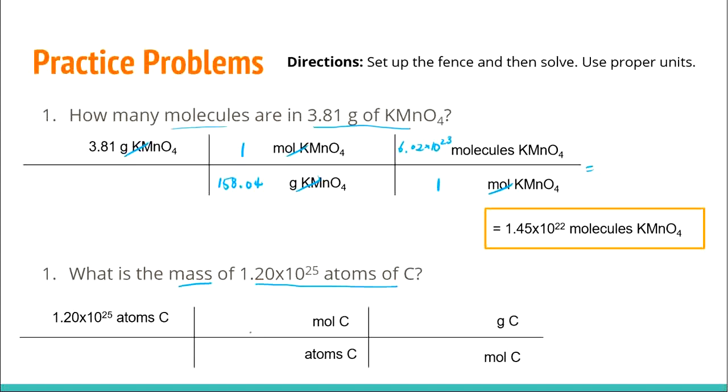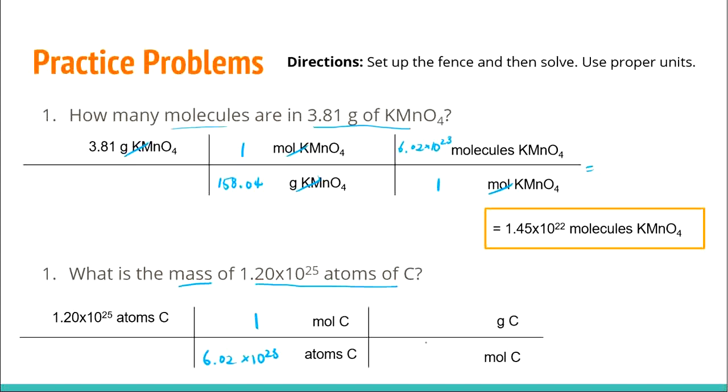How many moles is equal to how many atoms? 1 mole is equal to 6.02 times 10 to the 23 atoms. How many grams is equal to how many moles? What is that? That's molar mass. Find carbon. Carbon's molar mass is 12.01 grams per mole.